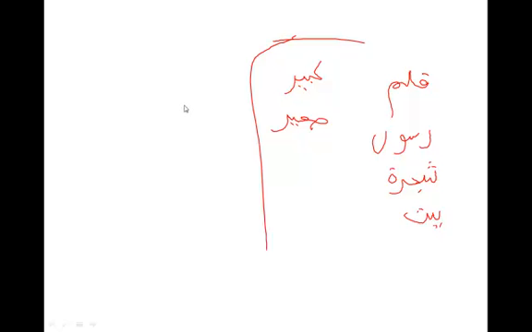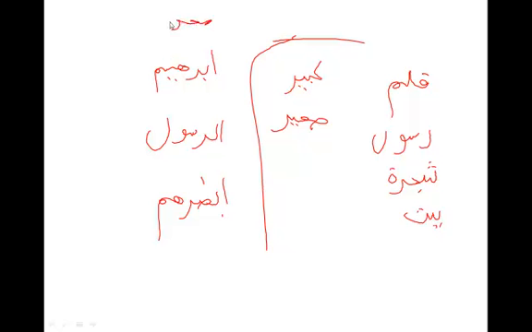Ma'rifa would be Ibrahim, Ar-Rasul, Absarihim. Why is Absarihim ma'rifa? This side is ma'rifa. So I said two things.